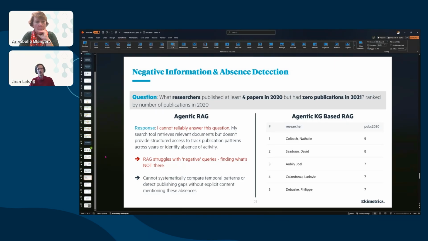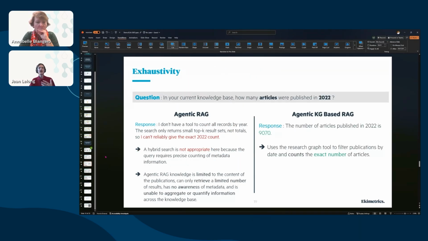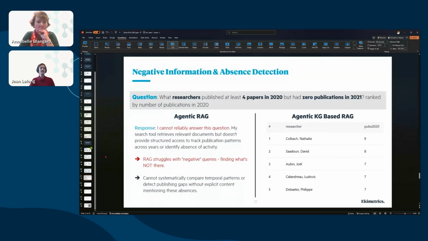It cannot know what it doesn't know, and to explain that we cannot have exhaustivity, we cannot count things in the knowledge base and so on. So it's really easier to use these types of agentic knowledge graph based RAG because it's much more intuitive to understand the limits of the agents.